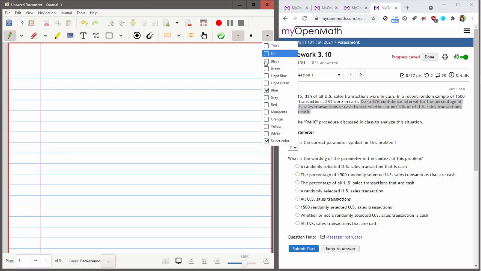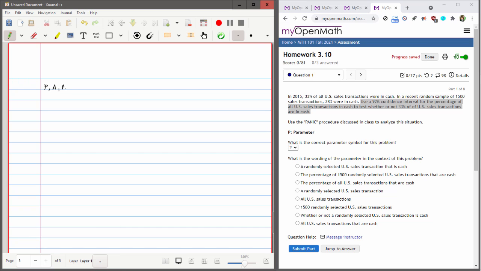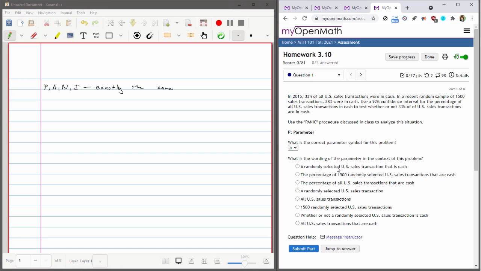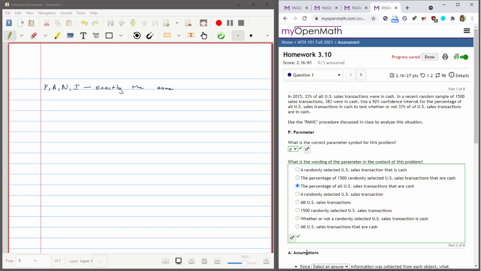In fact, the P, A, N, and I are exactly the same. So our parameter is P, which is the percentage of all US sales transactions that are in cash.